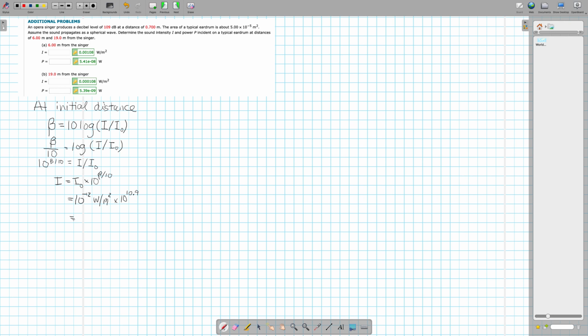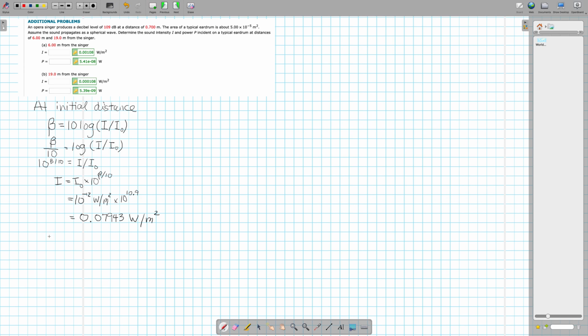I'm using my calculator, you can't see. 10 to the minus 12 times 10 to the 10.9. Okay, it is 0.07943 watts per square meter.